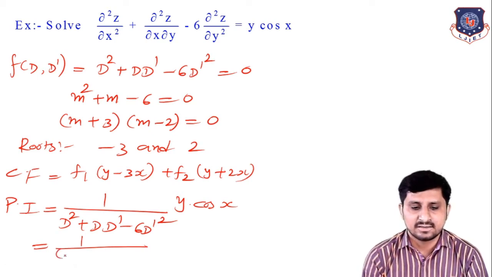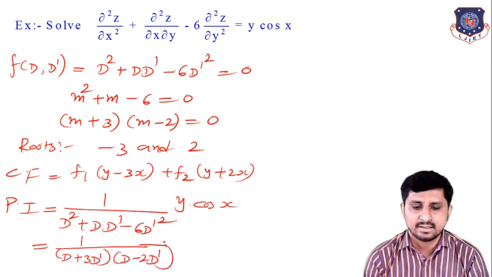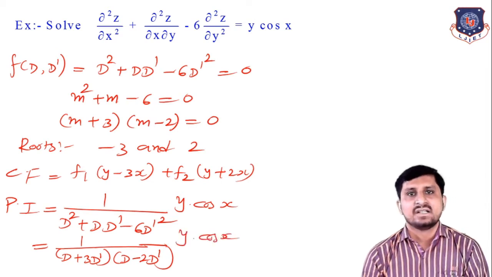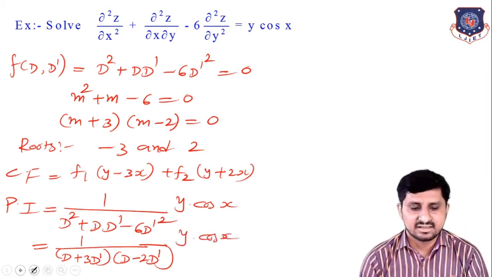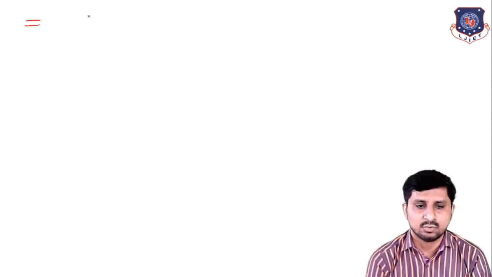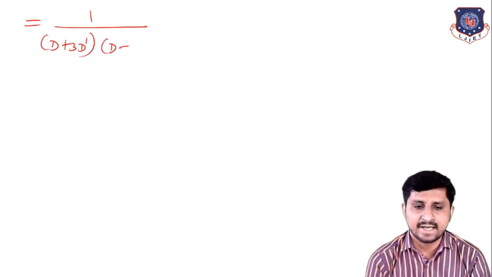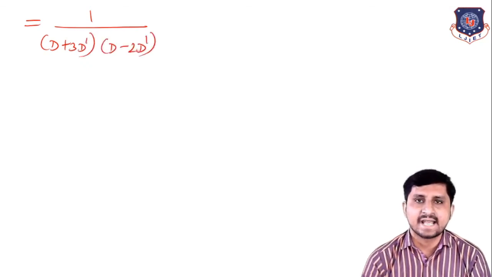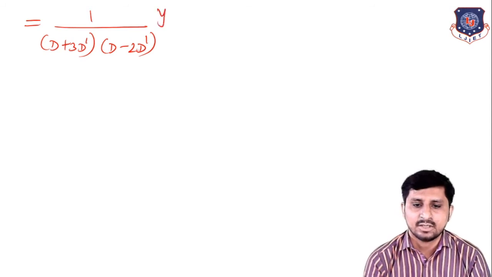Okay, so this is D plus 3D dash and D minus 2D dash, right? And function is y into cos x. So I write this step once again. So this equal to 1 upon D plus 3D dash and D minus 2D dash, and function is y into cos x.